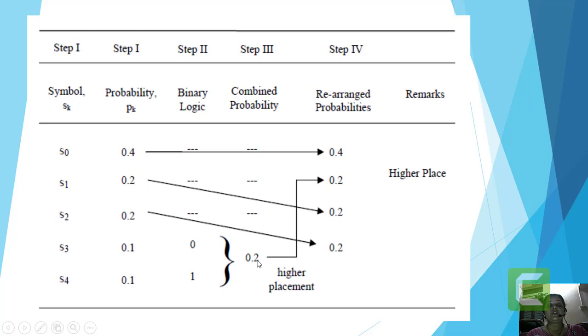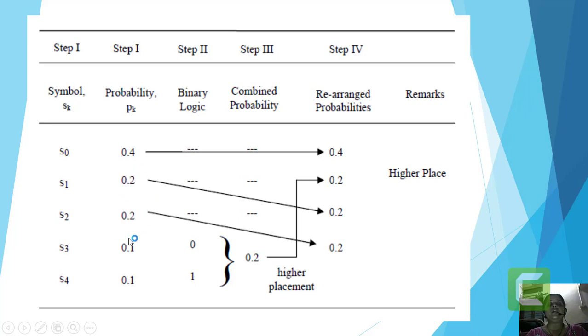As we said in the step, if this combined probability is equal to the previous remaining probabilities, then we can place this combined probability either before or after them. Here we are using the higher placement for equal probabilities.